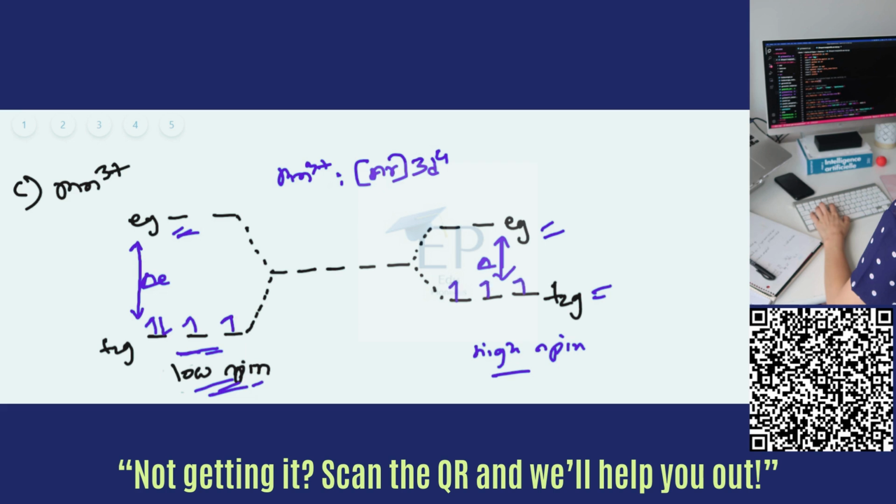After filling this lower energy state orbital, it will go to the higher one, and we don't have any more d electrons left. So that's how a high spin crystal field orbital splitting diagram for Mn3 plus looks like.